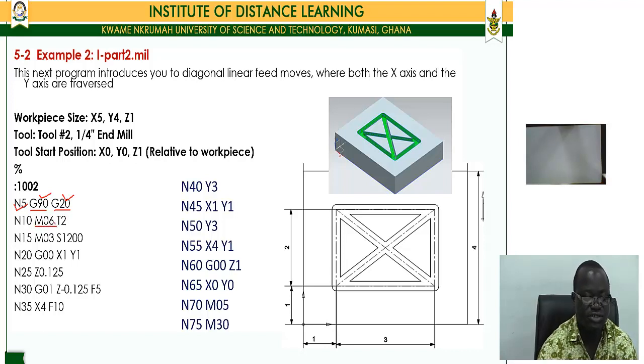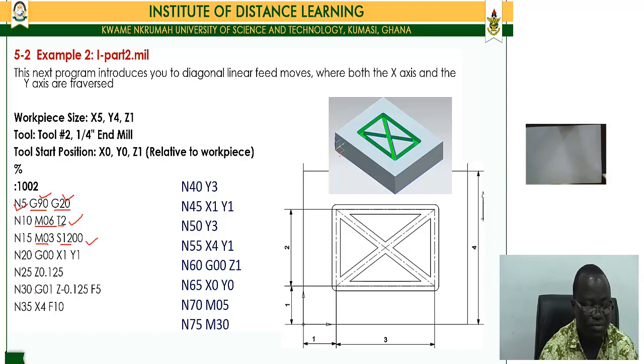Now we set the tool, that is an M06, which is a tool selection or a tool change to tool number 2, which is named as T2 from the information here. So we have T2.